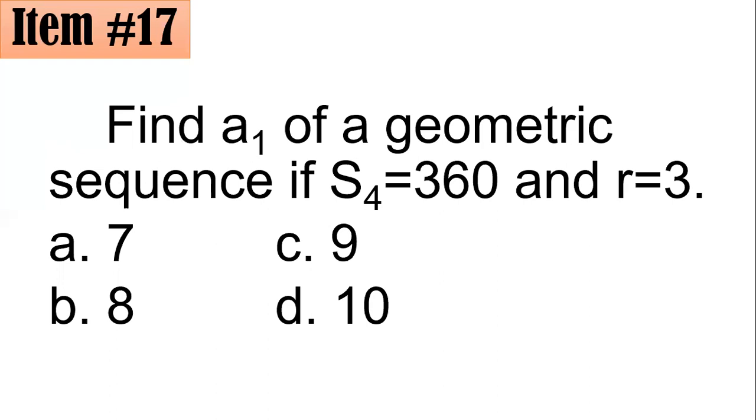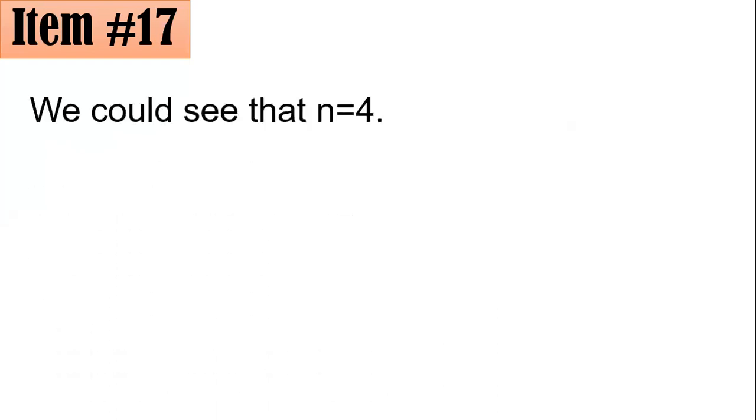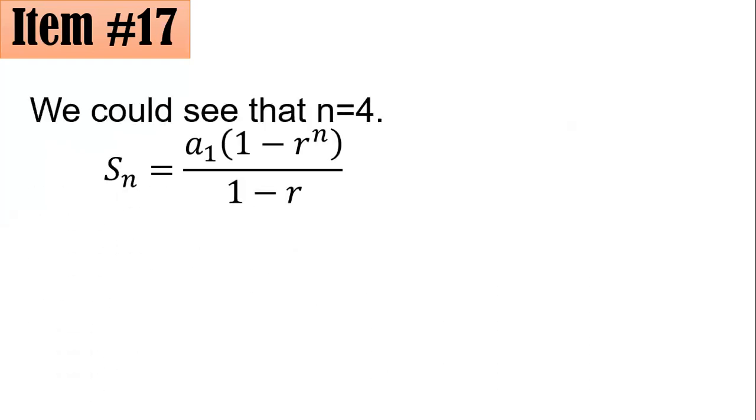From here, I hope you could still recall the formula for a geometric sequence. In this case, we're talking about sum, so we're talking about S of n. S of n is equal to the first term multiplied by the difference of 1 and r to the n, all over 1 minus r, where the value of your r here is not equal to 1, or else you will have an undefined expression.